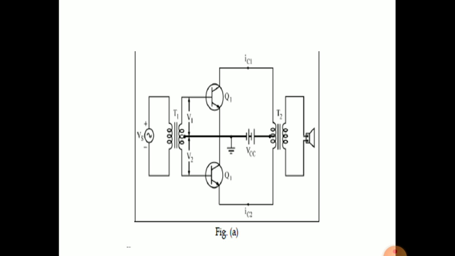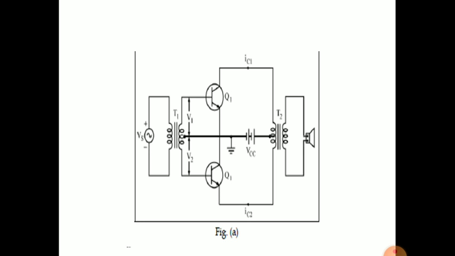See the circuit diagram. We have two transistors Q1 and Q2 which are NPN transistors, and they are connected to the secondary of a center tapped transformer. As we know from the center tapped transformer, the voltage across the secondary is divided equally.